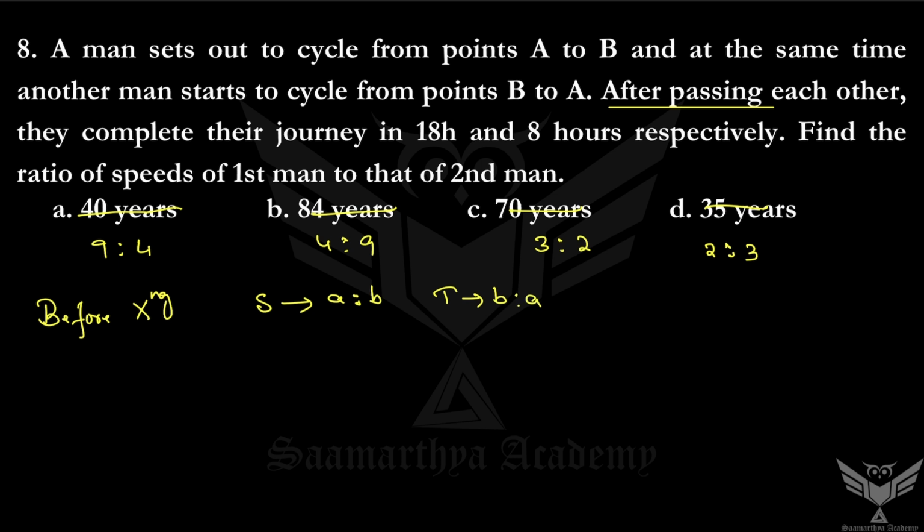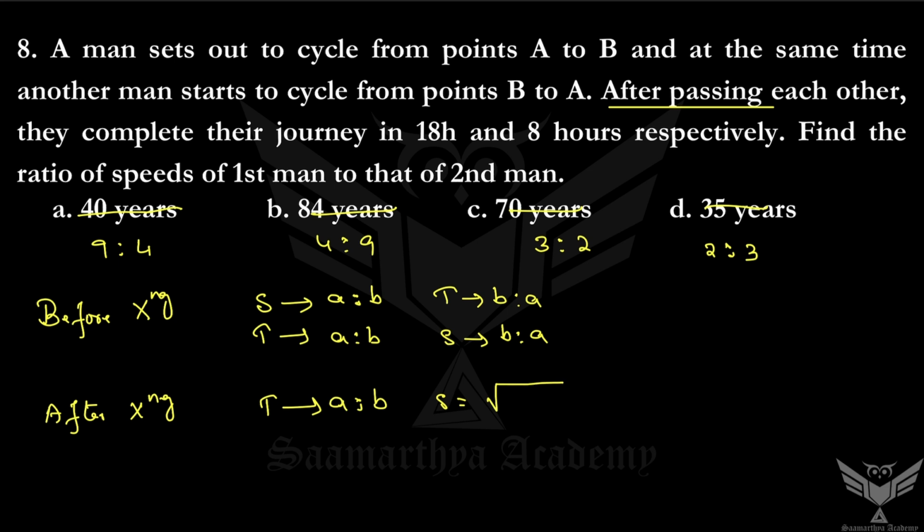Or you can take it as if time is in the ratio A is to B, speed should be in the ratio B is to A. Both ways it is possible. But after crossing, if time is in the ratio A is to B, then speed should be in the ratio under root B is to A.